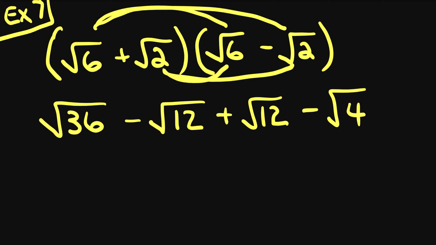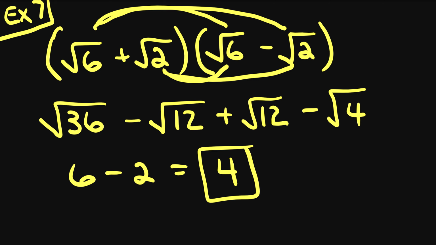So what do we have? Square root of 36 is 6. Negative square root of 12 plus the square root of 12 is 0, so that cancels. And then I've got negative square root of 4, which would be negative 2. And 6 minus 2 equals 4. And that's our answer for example 7.